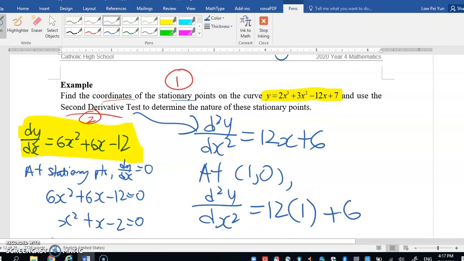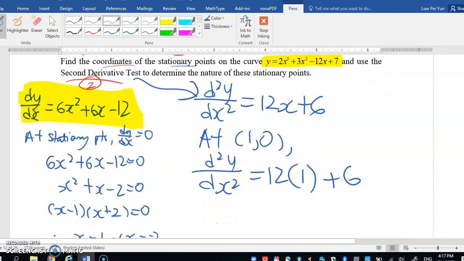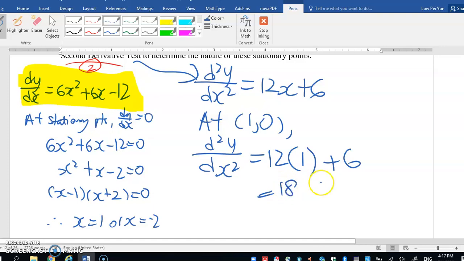And I can evaluate 12 plus 6 is 18. 18 is more than 0. So which means d2y/dx squared is more than 0.